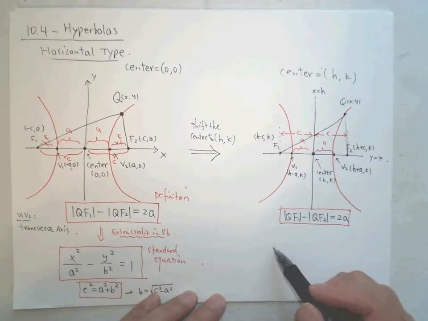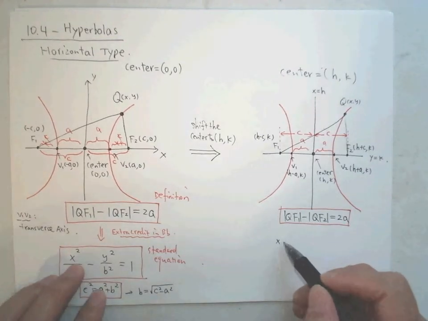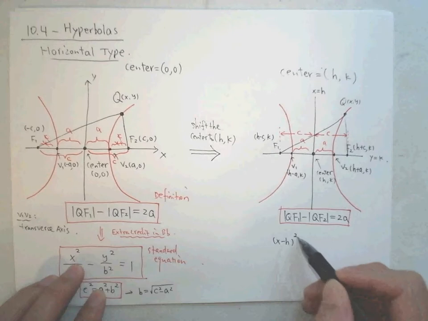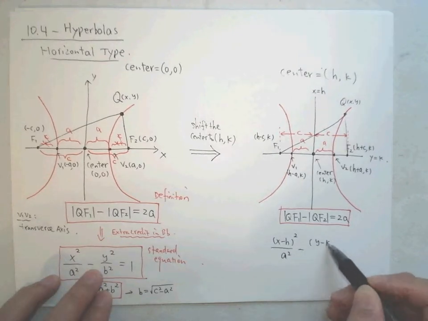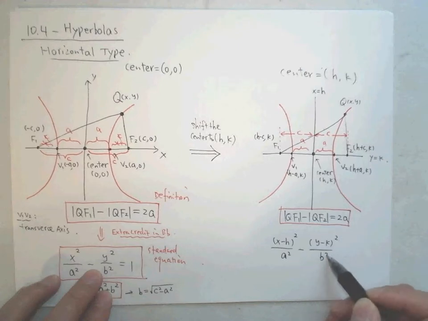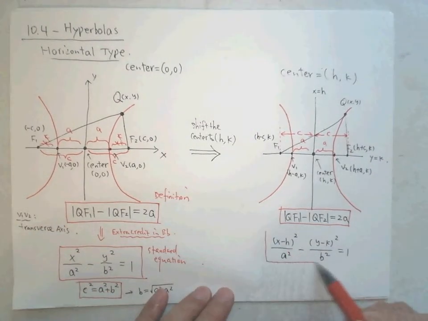It's just a shift. I will show you the formula, which means the x shift: (x minus h) squared over a squared minus (y minus k) squared over b squared equals 1. This is the standard equation.